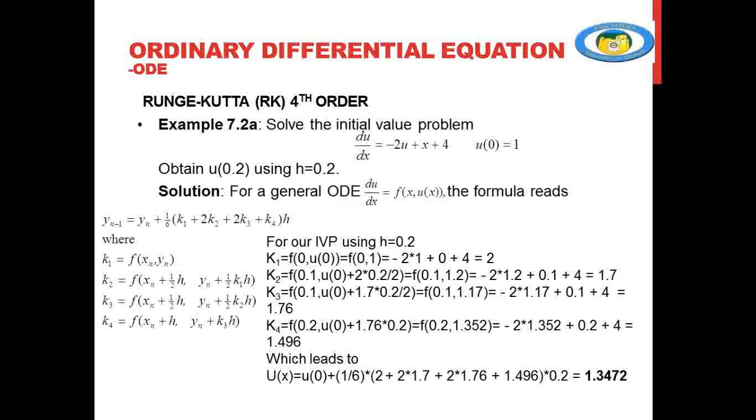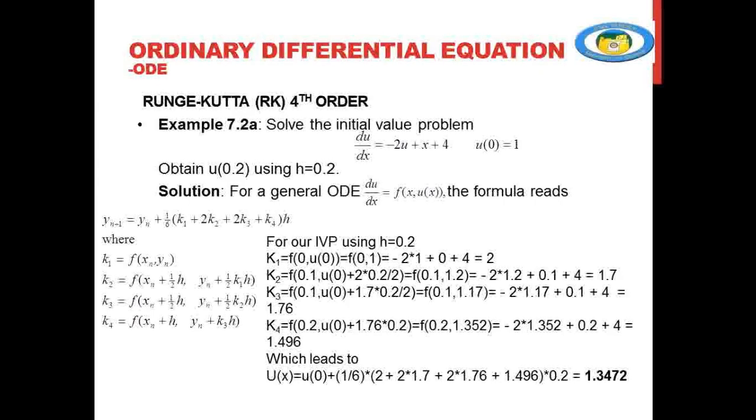X is 0 and u0 is 1. So we are going to find f at 0, 1. So f at 0, 1 would indicate, as per the derivative function given, du per dx, negative 2u plus x plus 4. So negative 2 times u, which is 1, plus 0 plus 4 shall give us 2. We have found already k1.